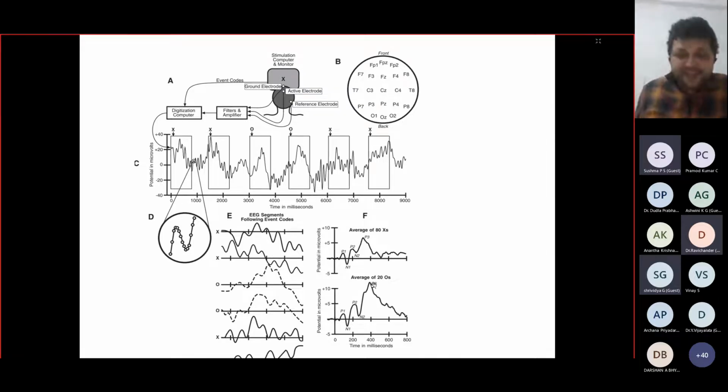If you have a surprise factor, this P3 peak that occurs somewhere after 300 milliseconds of the stimulus is much, much larger than the X that we're averaging. And that's where the source of most of the BCI comes in.